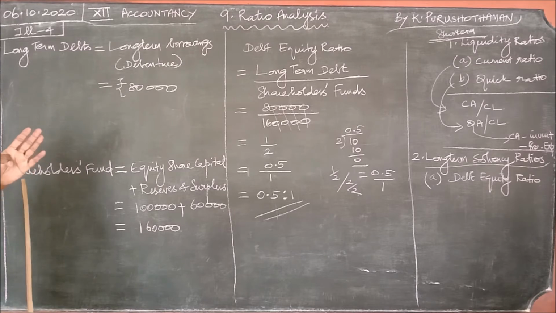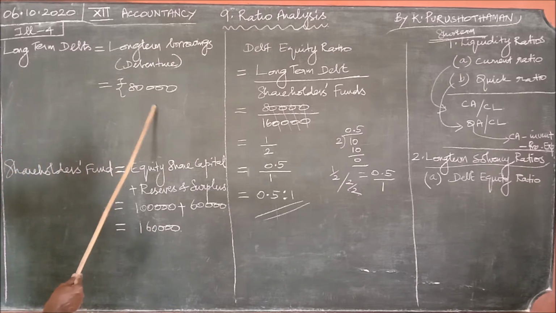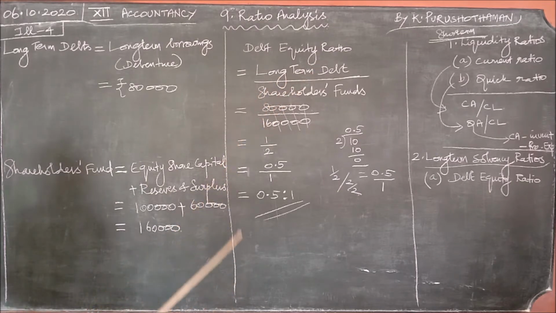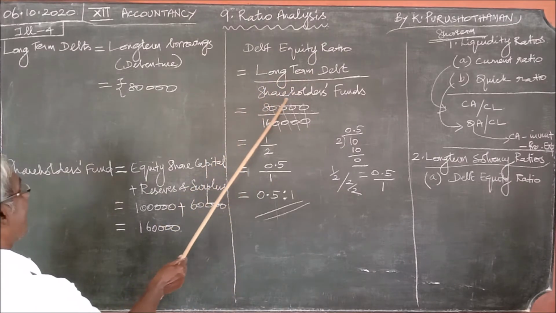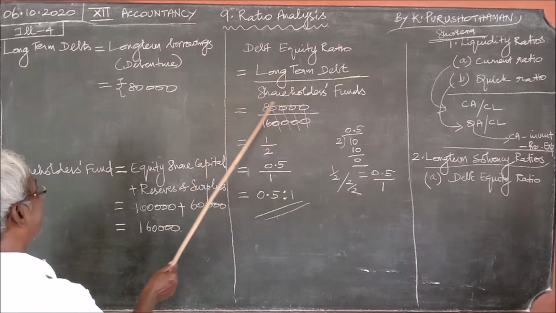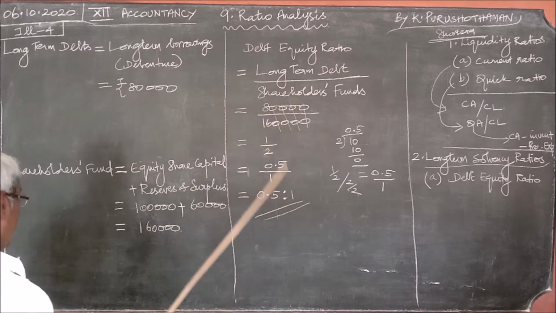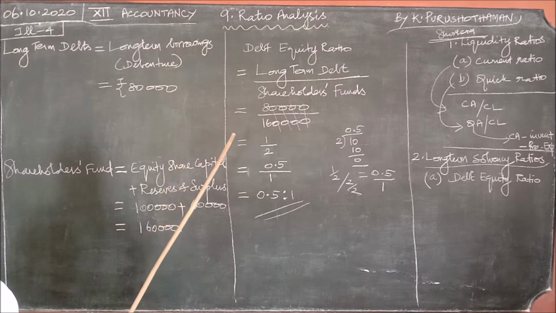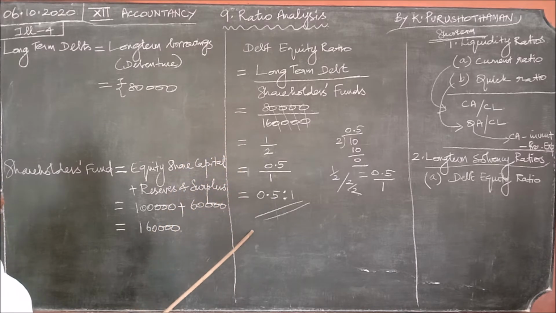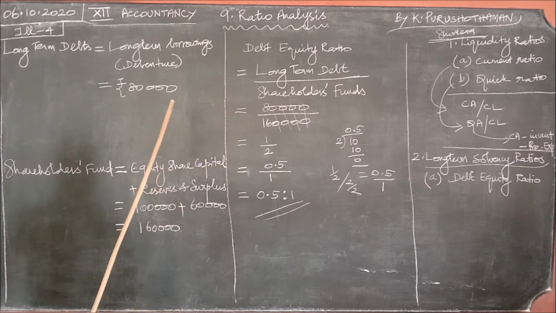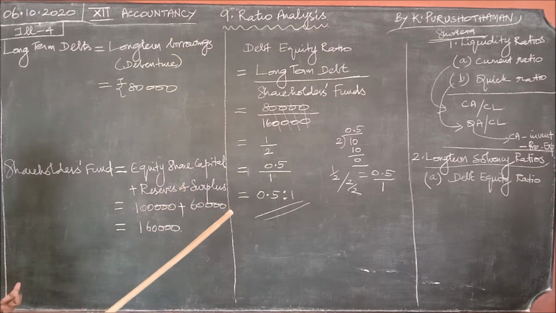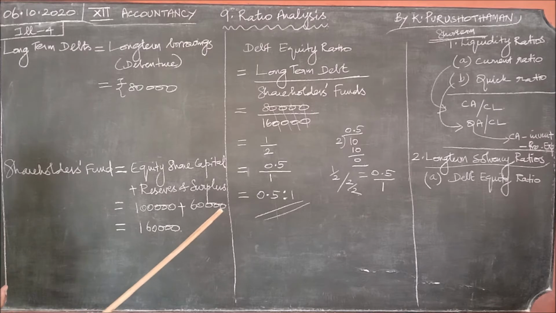If all the 4 items are given, we can add them together and find the total. And the denominator is shareholders fund. Whatever the shareholders have or the company has, we should consider it. What are the different types of shares? One is the equity share, the other one is the preference shares.